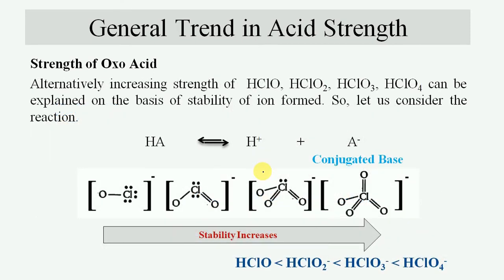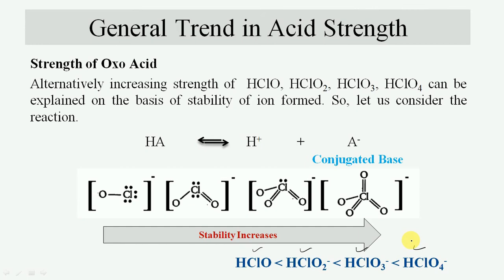In terms of the conjugate base of these various acids of chlorine, let us consider the stability of the conjugate bases of these four. These are the various conjugate bases formed from these four acids. These anions are stabilized by charge distribution over the pi or double-bonded oxygen atoms. This results in delocalization of the charge.